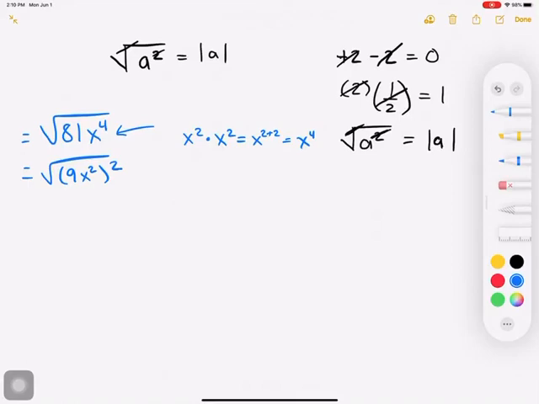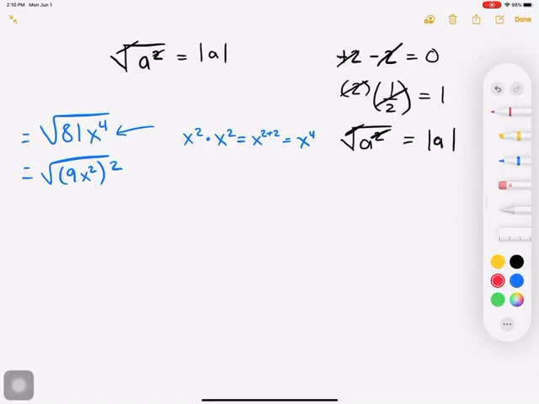Can you see that all we did is rewrite the expression as a square? If you get rid of the parentheses, 9 squared is 81 and x squared squared is x to the power of 4. We get the starting point. It is important to rewrite the expression as a square so that we can cancel out the exponent and the root.